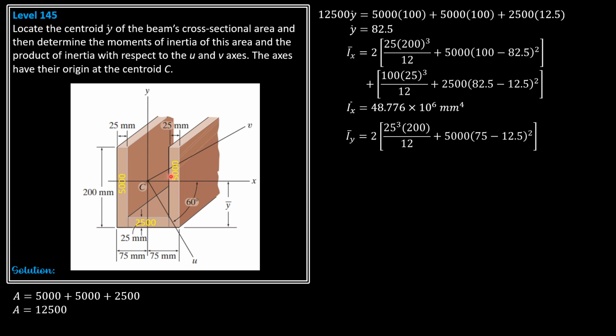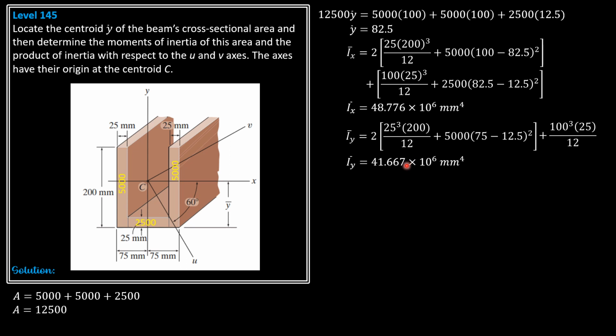Since the centroid is at the center of the 25 mm thickness, it is 75 minus 12.5 squared. Plus, for the bottom rectangular area, there's no need to transfer. It is just 100 cubed times 25 over 12. So Īy is equal to 41.667 times 10 to the 6 mm to the fourth.